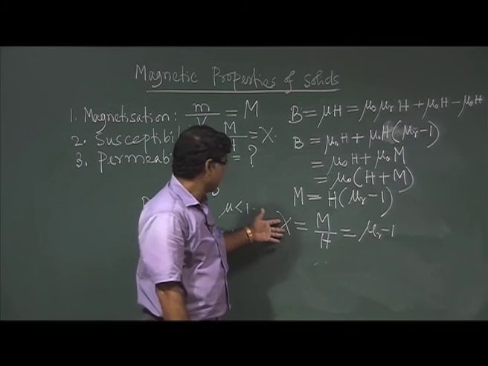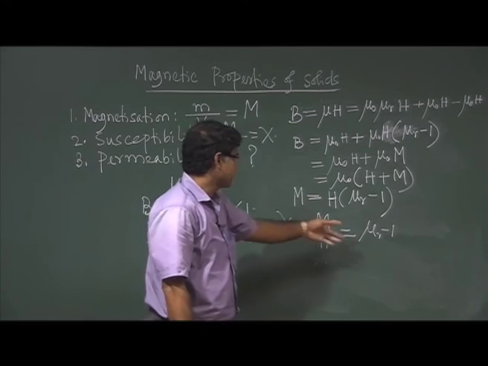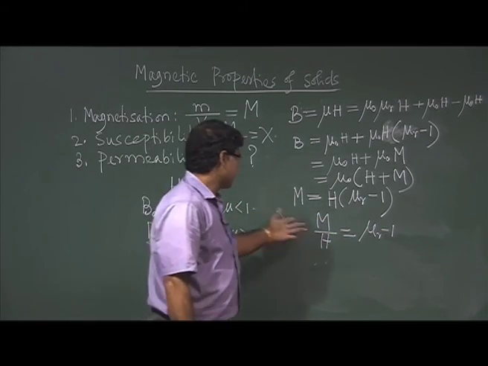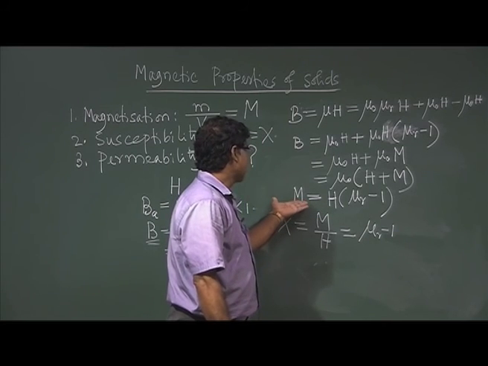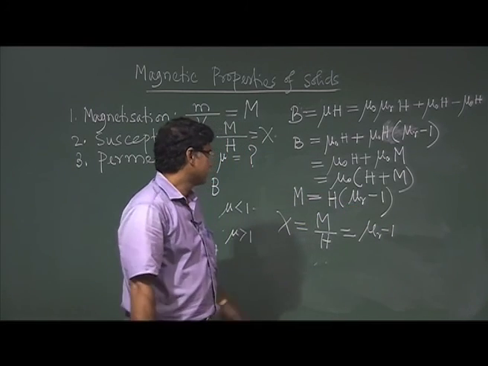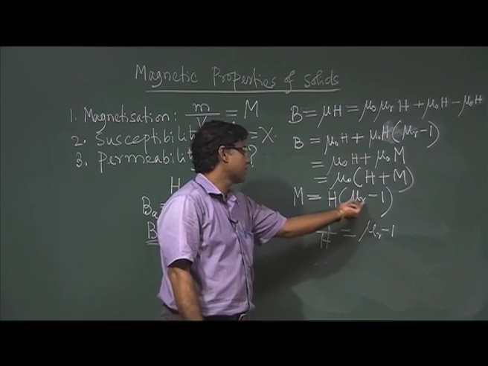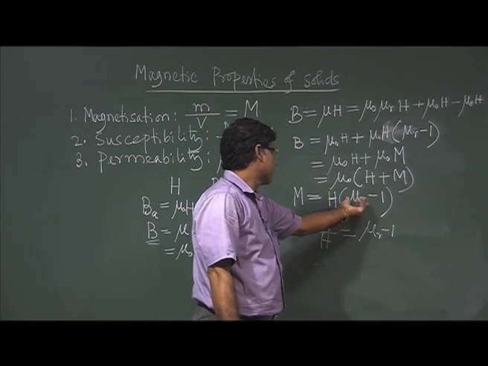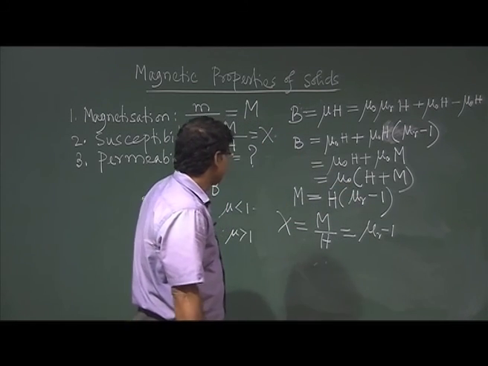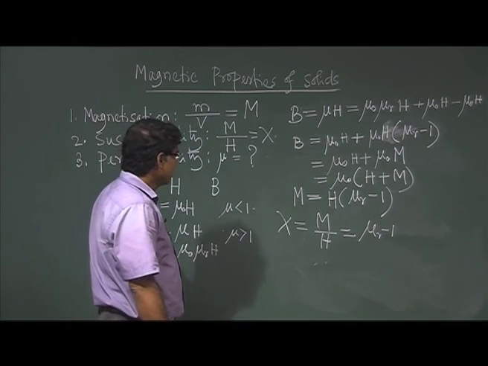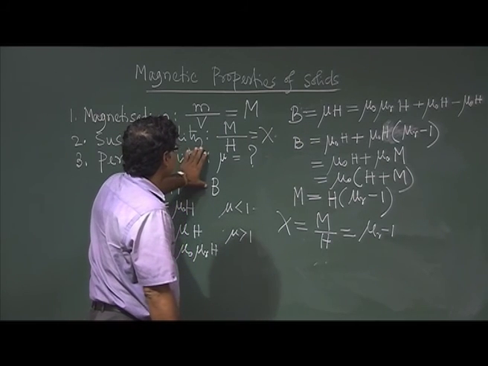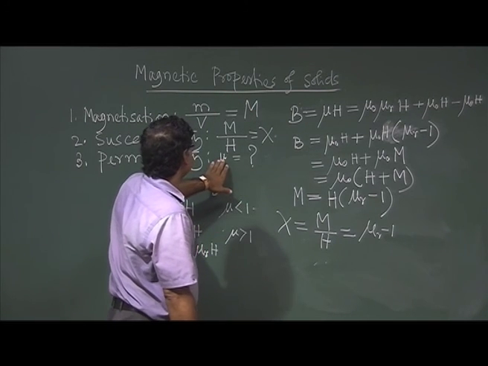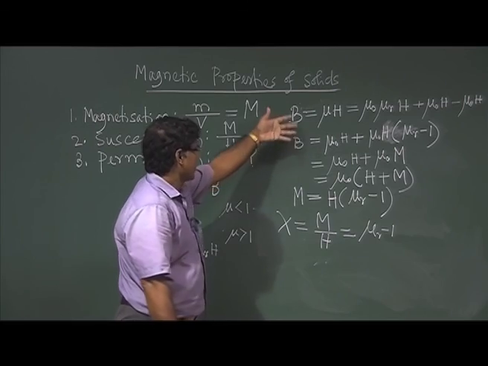So, chi is related with the permeability, that is the relation, okay. And this magnetization, how it is related with the magnetic field and the permeability. So, this is the relation between mu and chi, okay, this is the relation.